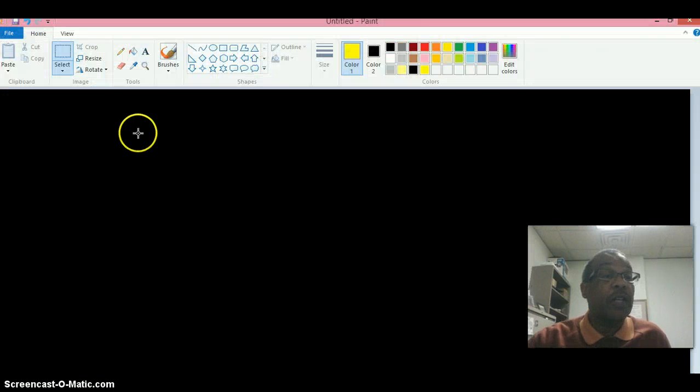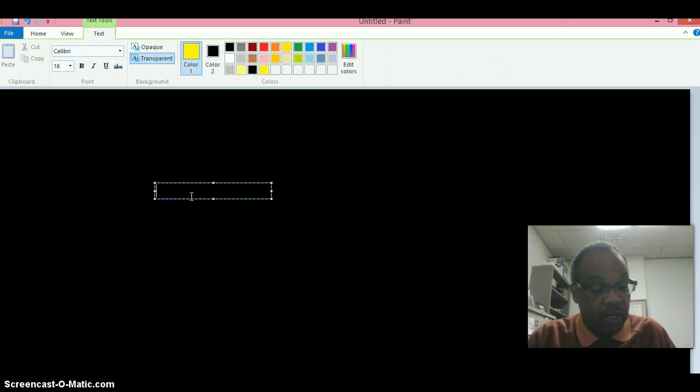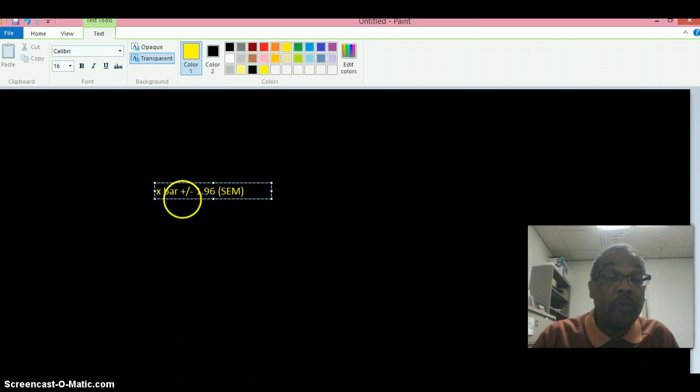So let us put that into this formula that we just generated: x bar plus or minus 1.96 times the standard error of the mean. I know I wrote this as x bar, but there's no easy way for me to do that in this software that I'm using, and that's why I wrote the words out, x bar to represent the mean.